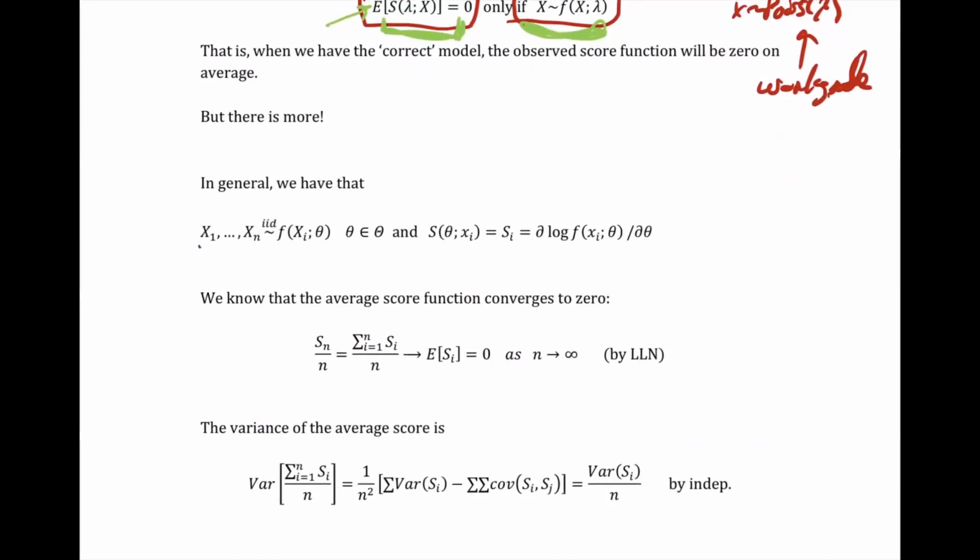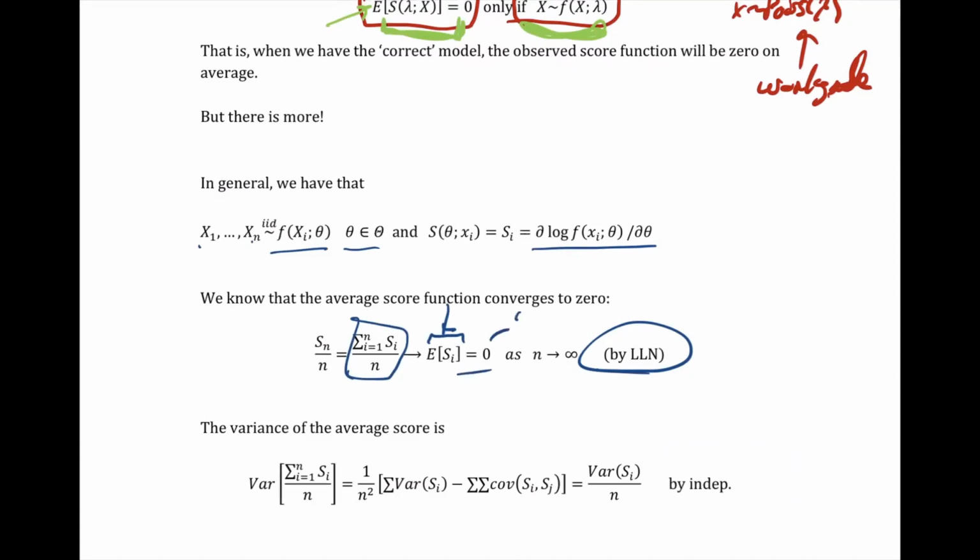I have x1 through xn from some general distribution, theta some parameter space. The score function is the first derivative of the log likelihood. Now, we know that the average score function converges to 0 by the law of large numbers, because the average score function converges to its expected value, which we know is 0.